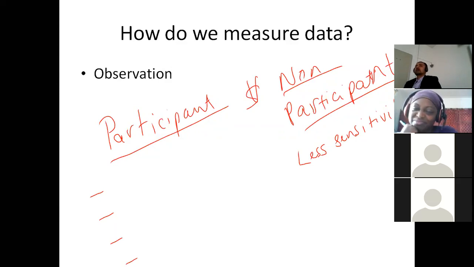So social scientists would generally argue that non-participant data is less sensitive, because you, as a researcher, are not in tune with the data quite as much as in participant observation. So in order to truly understand what it feels like to be at a rock concert, I have two options. I can buy a ticket, go enjoy the rock concert, and experience all of those things while being mindful and writing down what I observe, or even doing it slightly after the fact, okay?